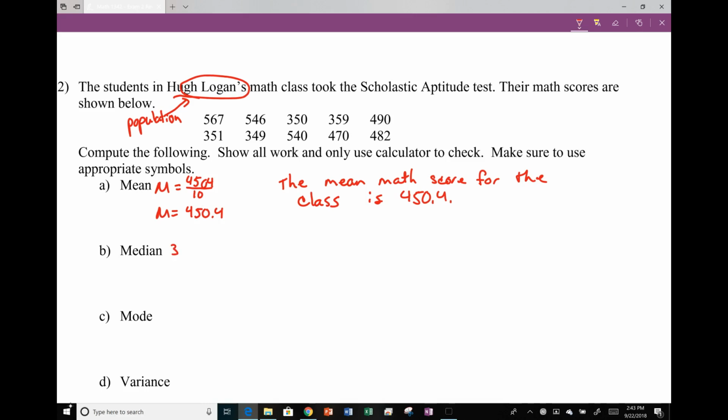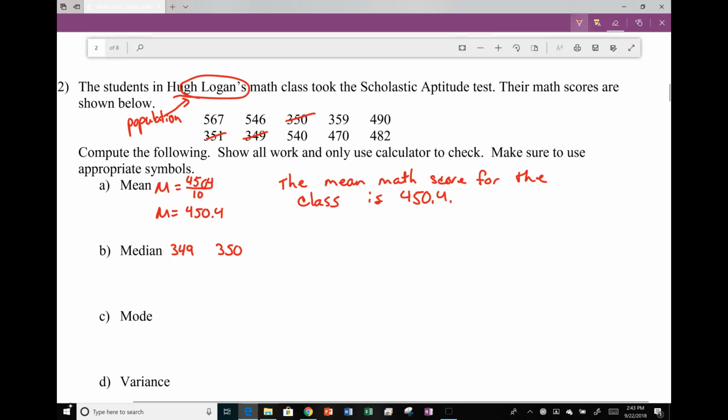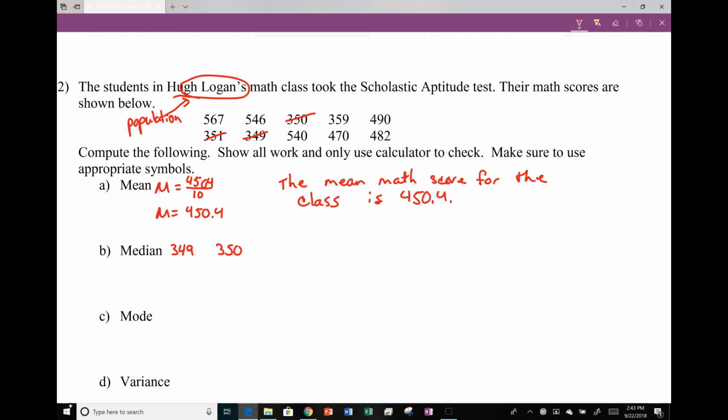So we're going to find our lowest number, 349. And then we're going to go to 350. So there's 349, there's 350. There's a 351. Not 551, 351. Let me try that again. So that's a 351. Then there's a 359.